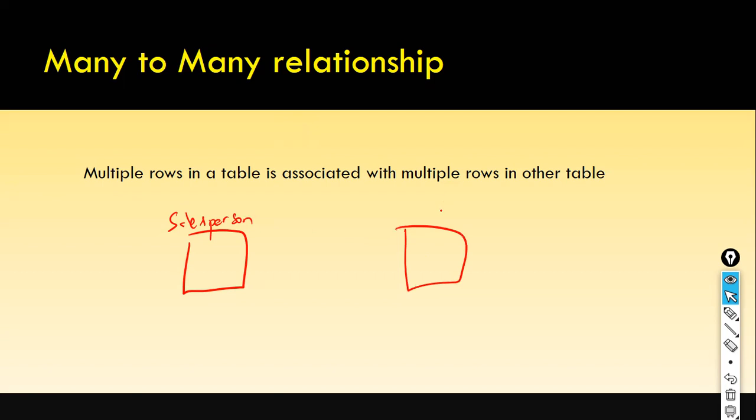and then I have another table called customer. A single salesperson, say person A, would have contacted multiple customers.